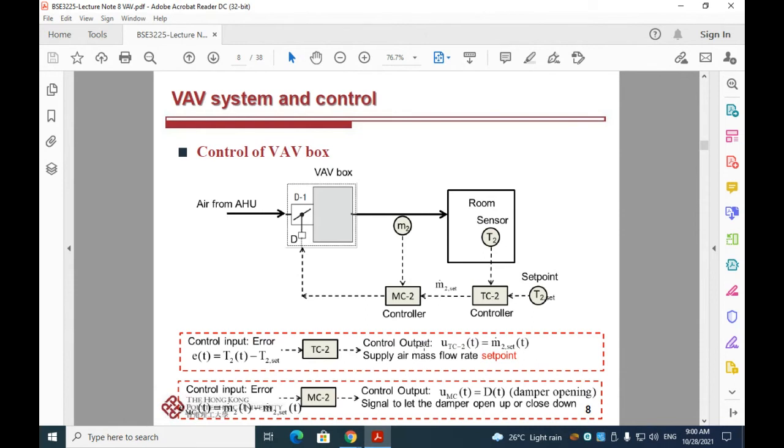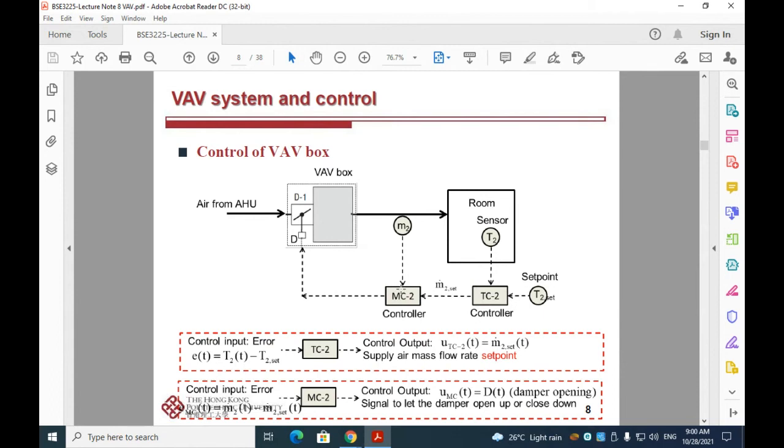And the control output is the actual flow rate. So that means when it actually received the signal, it will control the mass flow rate controller.